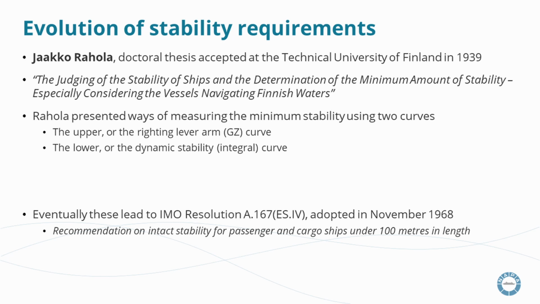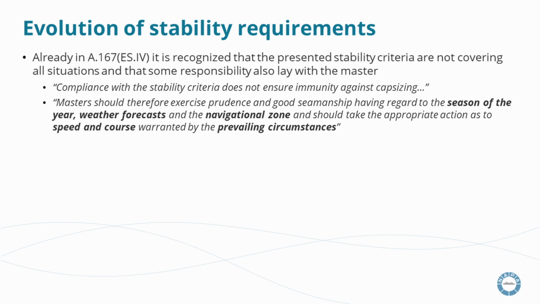This eventually led to the IMO Resolution A167 from 1968 titled Recommendation on Intact Stability for Passenger and Cargo Ships under 100 meters in length. The resolution, however, recognized that the presented stability criteria were not covering all situations, and that some responsibility also lay with the master, as it is stated that compliance with the stability criteria does not ensure immunity against capsizing.